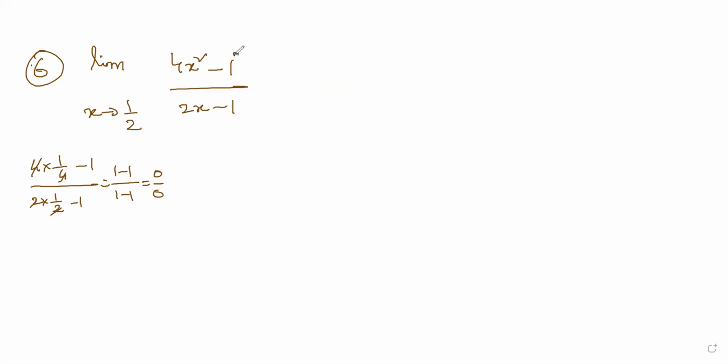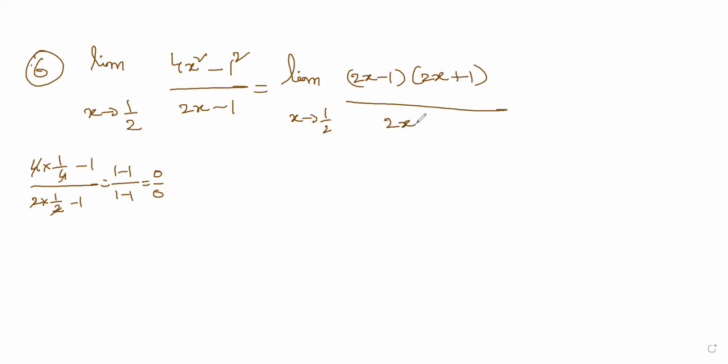For that, I write limit x tends to half of (2x minus 1) into (2x plus 1), because 4x square minus 1 is (2x) whole square minus 1 square, divided by (2x minus 1).